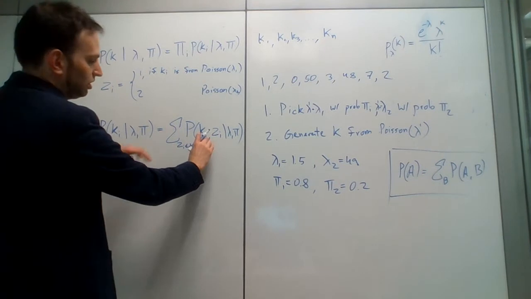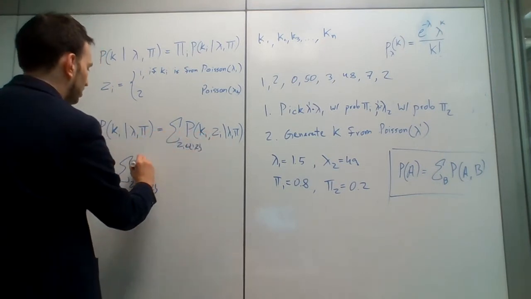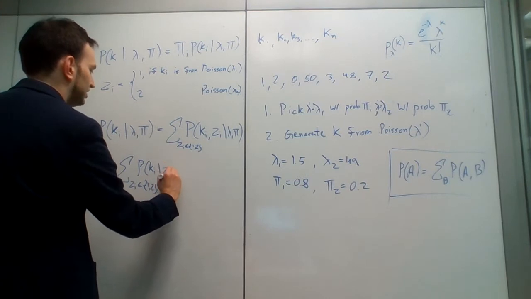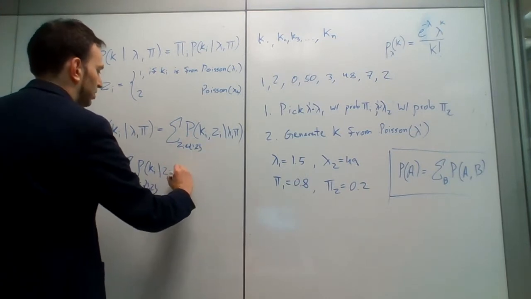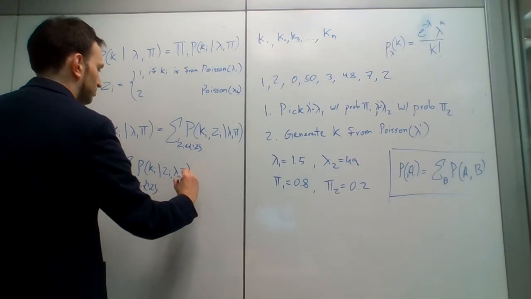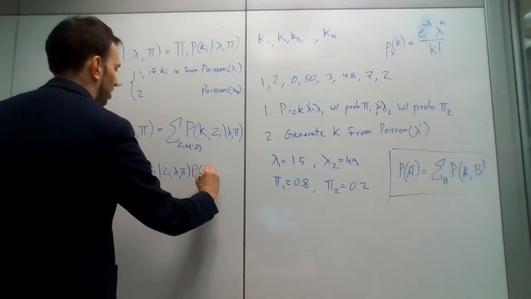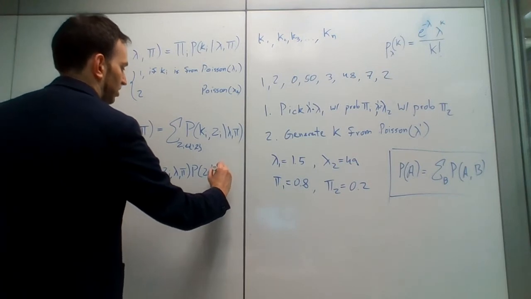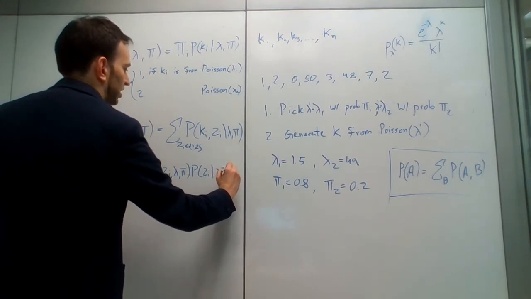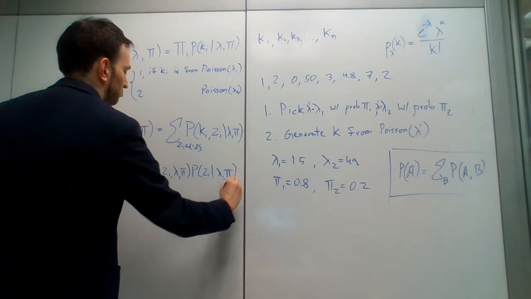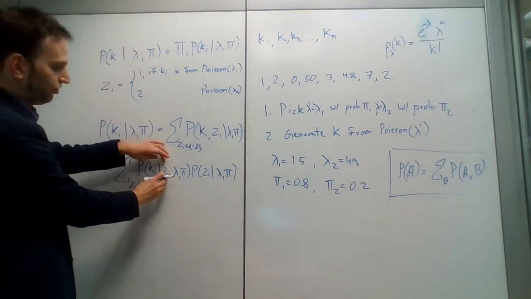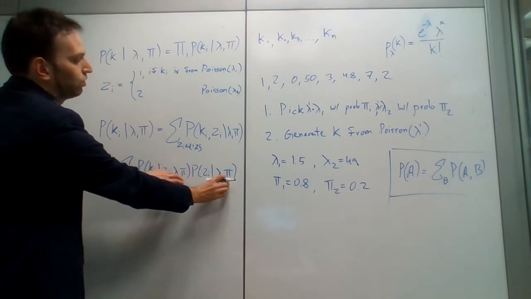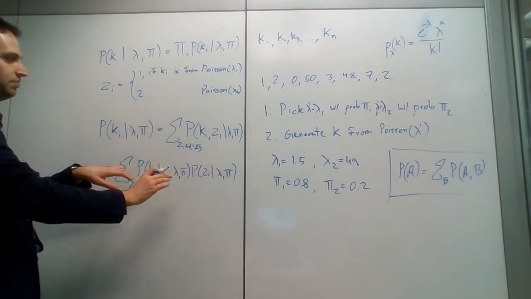But now we're going to say, okay, this is the probability of ki conditioned on zi and also lambda and pi, times the probability of zi conditioned on, again, lambda and pi. Got to do this. So we conditioned on zi and then we multiplied back by zi. The lambda and pi were fixed throughout, so it's okay.